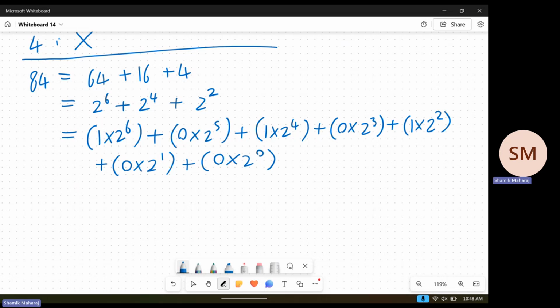We always work all the way down to 2 to the 0, because sometimes we're tempted to stop earlier, but you have to keep going until 2 to the 0. Okay, so now we can just read out our binary string. It'll be 1, 0, 1, 0, 1, 0, 0.